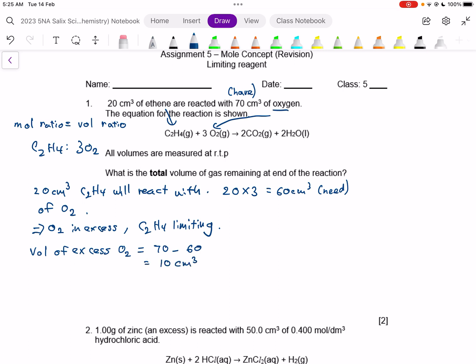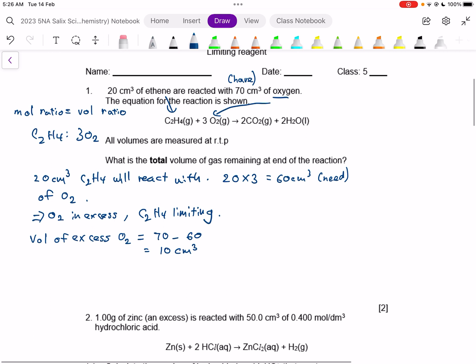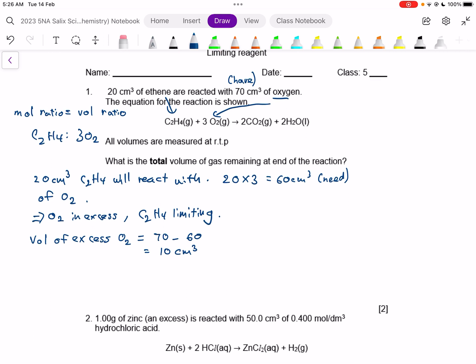By the way, this is actually an O-level MCQ question, but there's quite a lot of working behind this MCQ itself. Now we need to find out the volume of CO2 that is formed, using the limiting reagent. Which ratio should you use? Should you use the O2 to CO2 ratio, or the ethene to CO2 ratio?